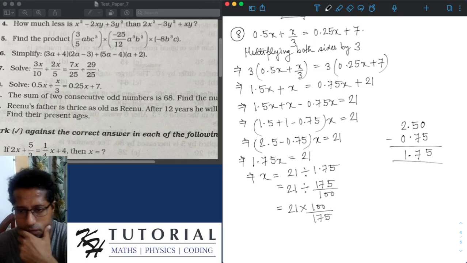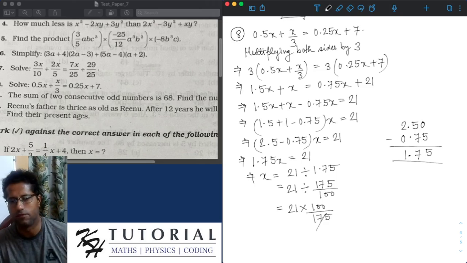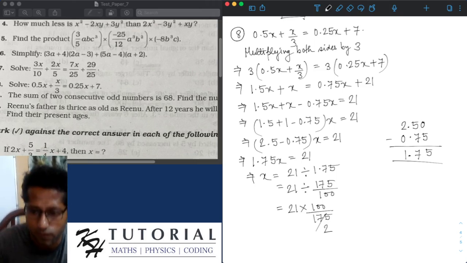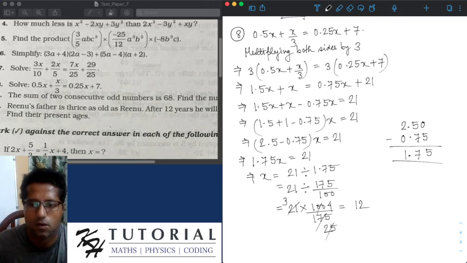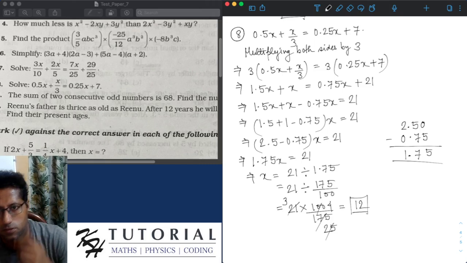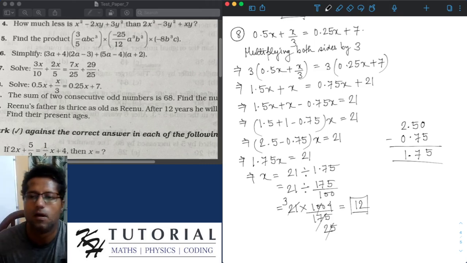Now 175 will be divided by 7. If we divide by 7, 175 by 7 is 25, and 21 divided by 7 is 3, and 25 divides 100, 4. So this is 12. So x is 12. This is the solution of the given linear equation.